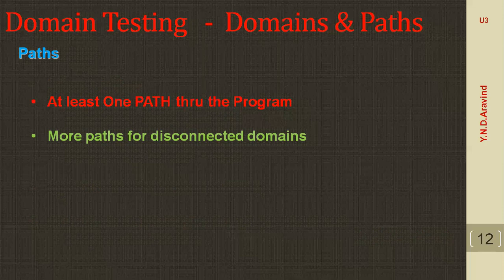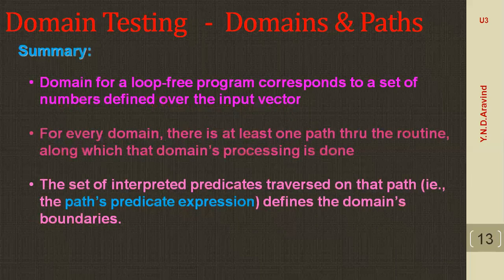For example, if the predicate is x square plus y square less than 16, then the domain is the inside of a circle of radius 4 about the origin. Similarly, we could define a spherical domain with one boundary, but with three variables.